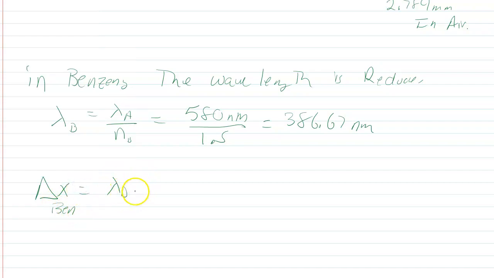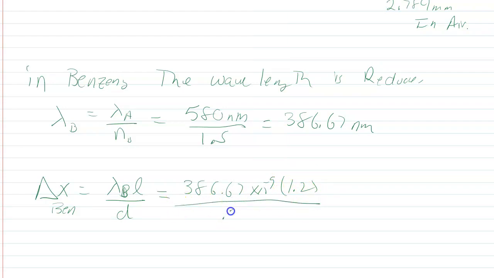And then if we want to calculate the interference max, delta x benzene is going to be lambda benzene times L divided by d. L and d don't change just because you put it in benzene. Only the wavelength changes. So that is 386.67 nanometers times 1.2 divided by 0.25 times 10 to the minus 3, and I will calculate that.